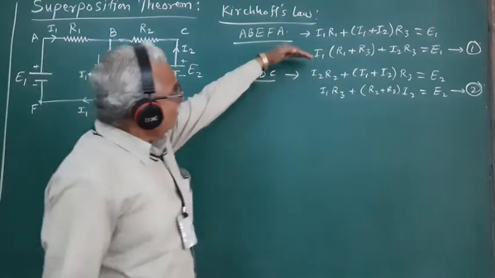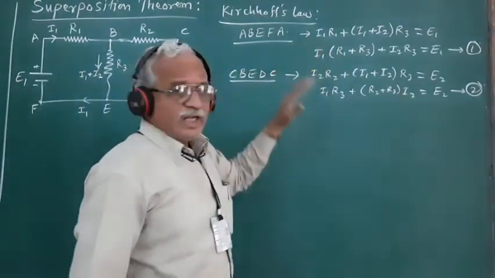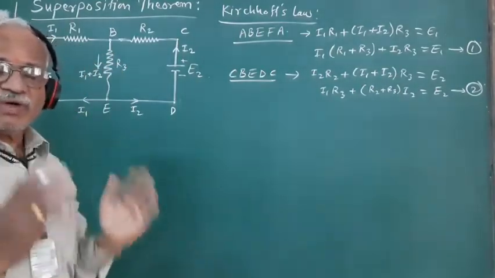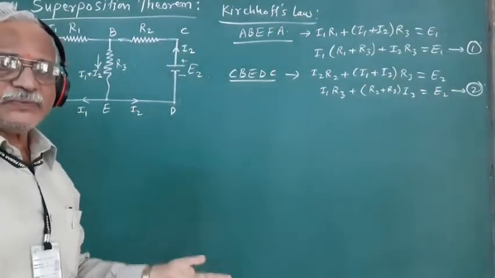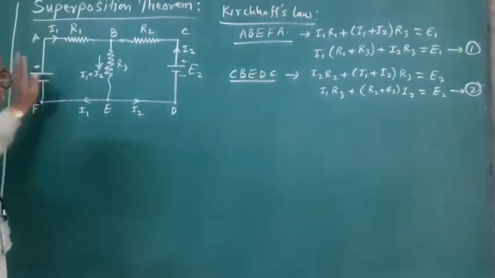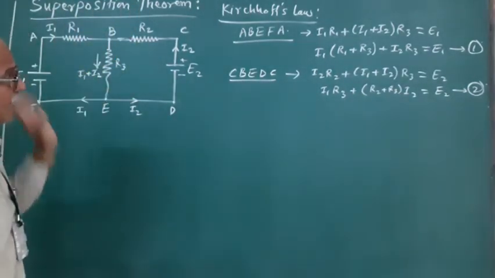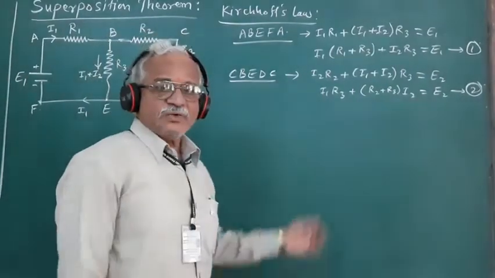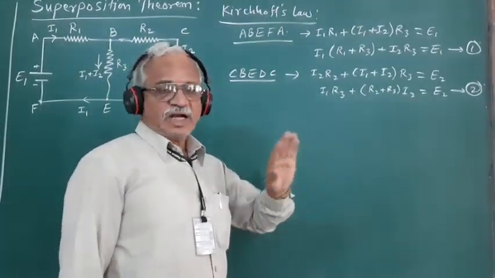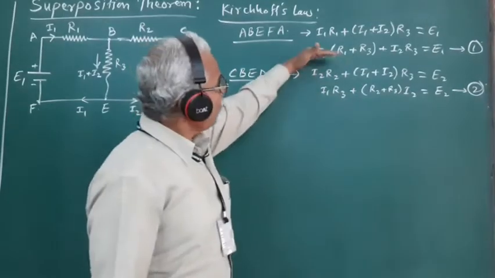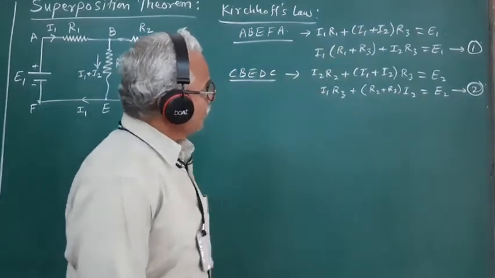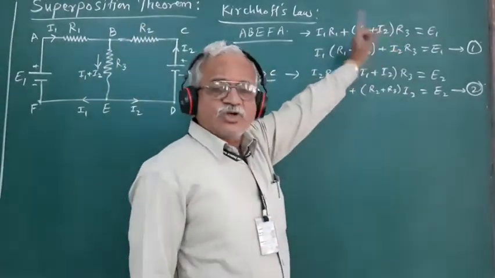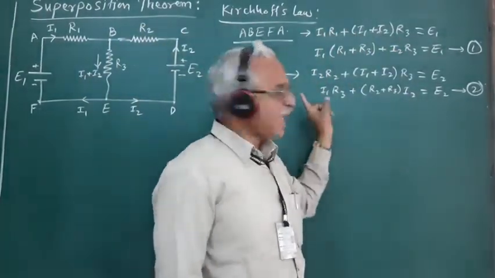So by solving these two equations 1 and 2, we can obtain the expressions for the values of I1 and I2 in terms of E1, E2, R1, R2 and R3. For that purpose, we have to eliminate either I1 or I2 from equations 1 and 2. So let us first eliminate I2 from these expressions, so that we will get the expression for I1.